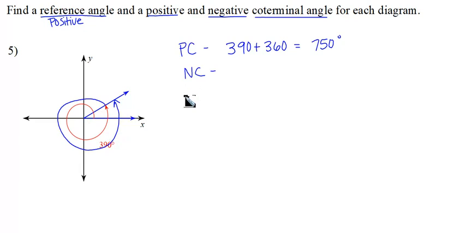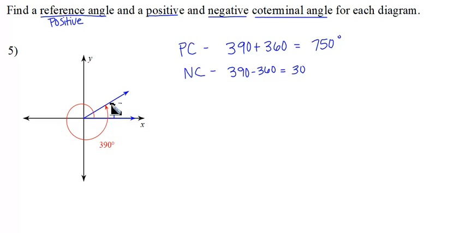If I'd like to get a negative coterminal angle, I can do this same method. But instead of continuing around in the same direction, let's back up and go the other way. Remember, positive 360 means that I am traveling counterclockwise, but negative 360 means that I am traveling clockwise. So what happens if I take my current angle and I subtract 360? Well, in this case, I actually got another positive angle.